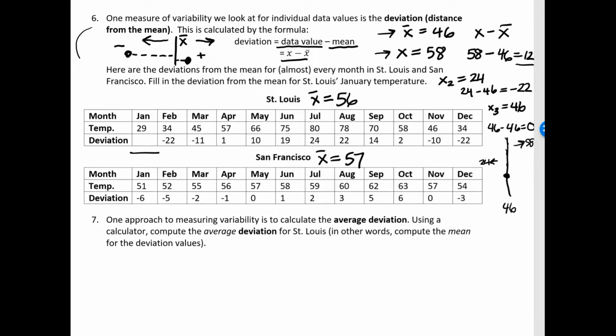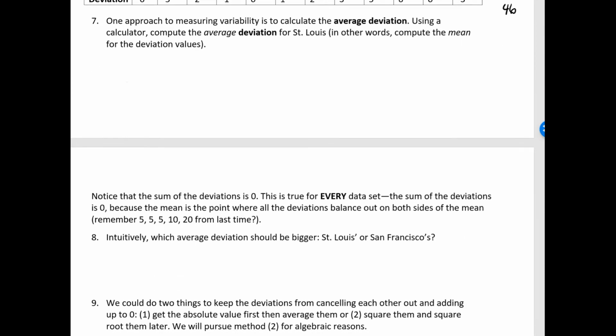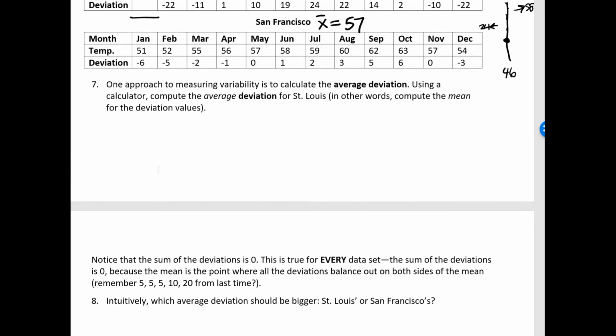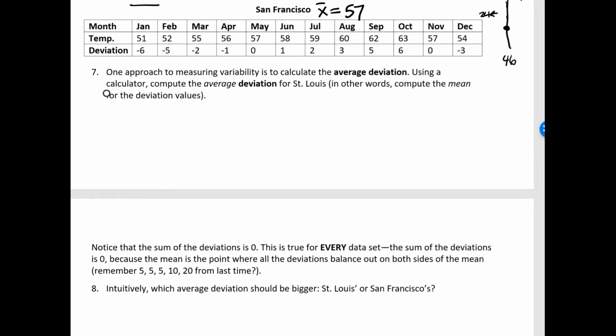Well, one approach to measuring variability is to calculate the average deviation, right? So let's think about San Francisco here. So we have the monthly temperatures, and then we have how much those temperatures deviate from the mean in this bottom row. We can see it looks like it spans from about -6 to +6, okay?